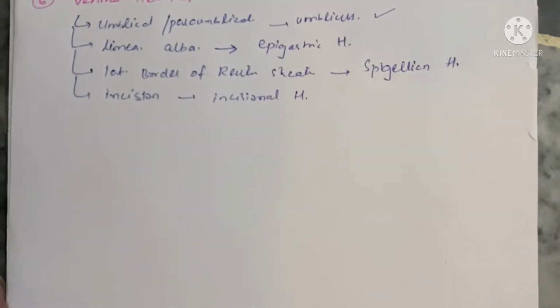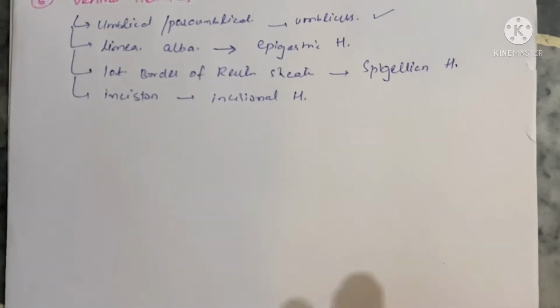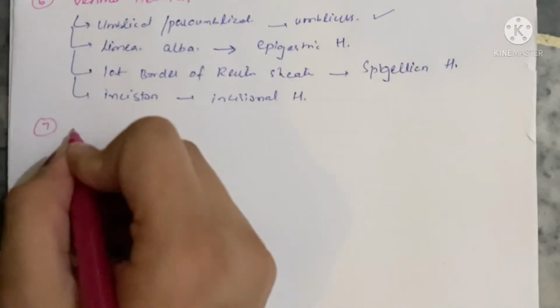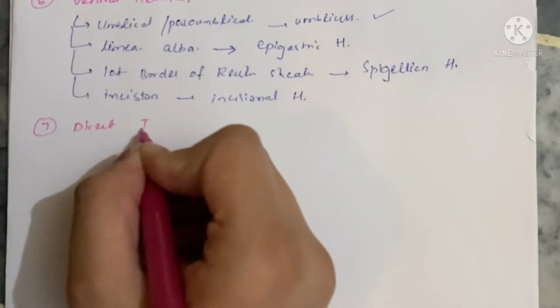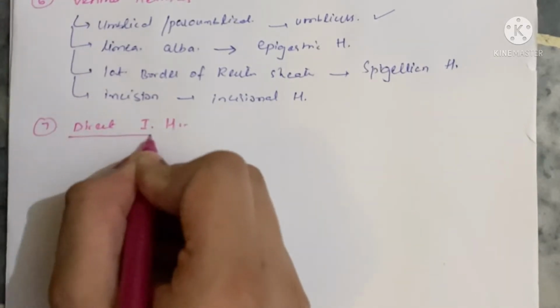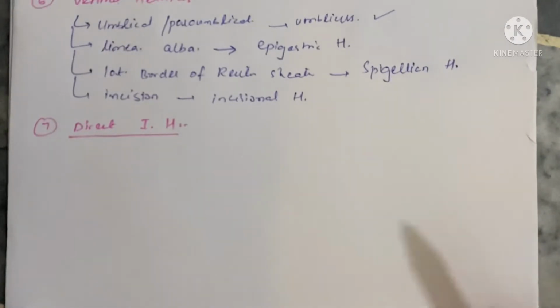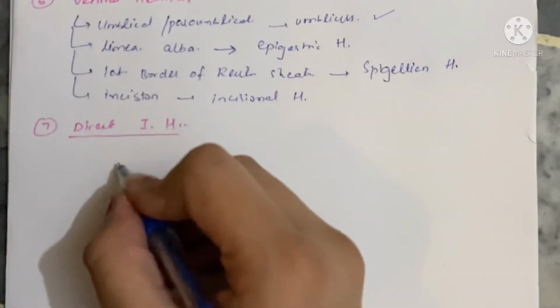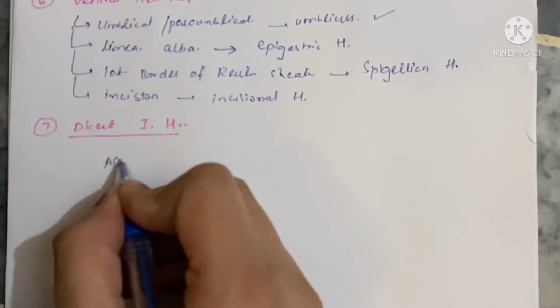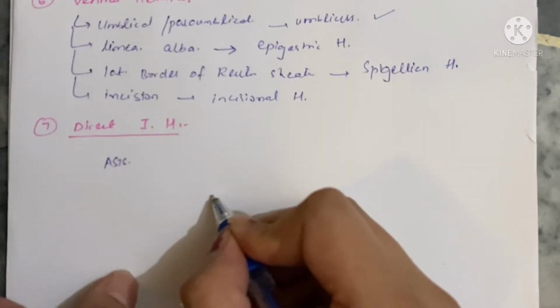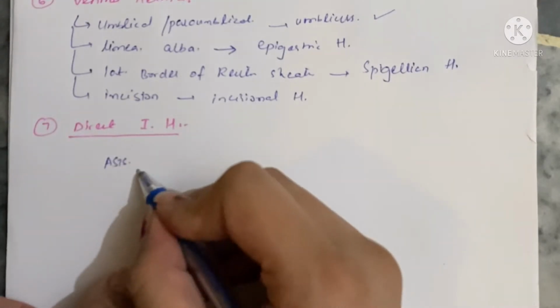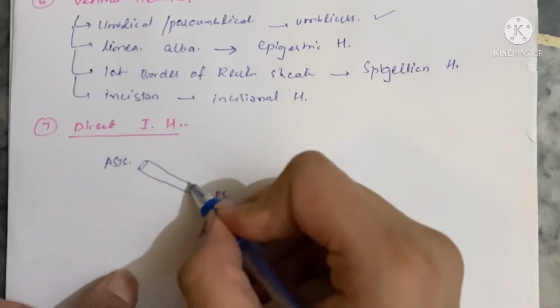Moving on to another important point, how these hernias develop. Particularly we'll talk about direct inguinal hernia first, and then the indirect inguinal hernia. To explain direct inguinal hernia in a very easy concept, this is the anterior superior iliac spine, this is the pubic symphysis, and here somewhere lies the inguinal canal.